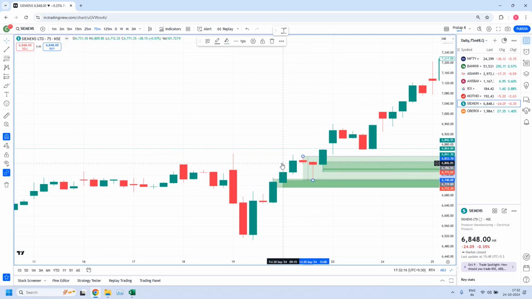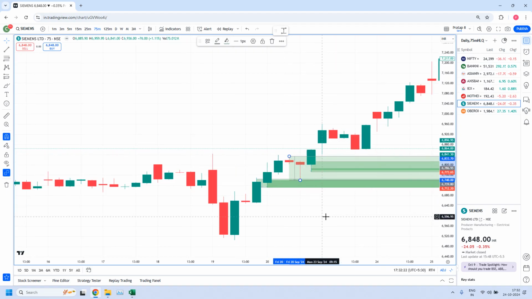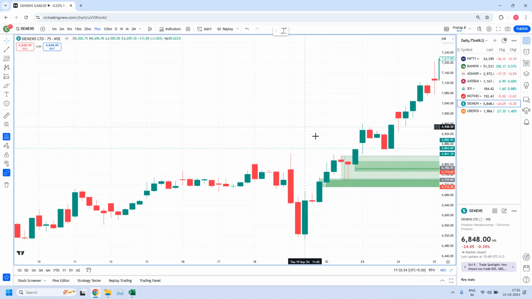This was the rally candle as per our software. This is the leg-in candle, 3 base candles and a rally. Or maybe rally, 2 base candles, rally. Either way, I don't exactly remember, but this is the zone high, and this is the zone low. So this is the rally, 2 base candles and rally. This is the way the software identified it.